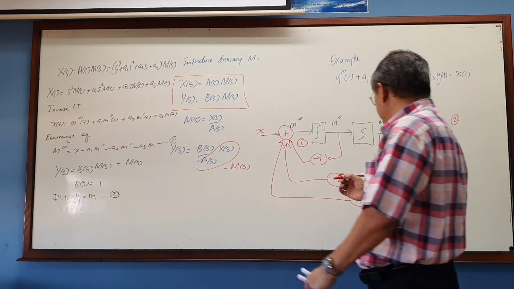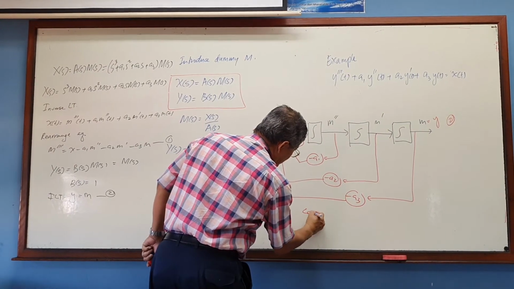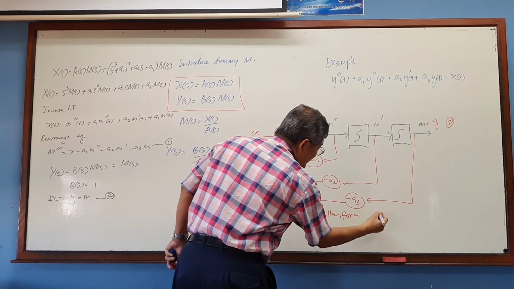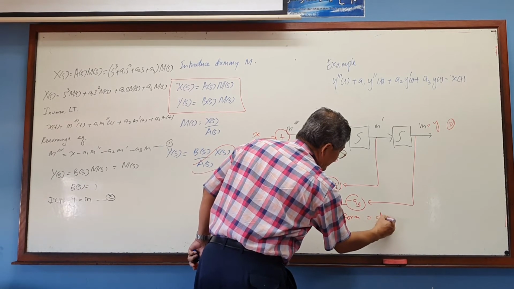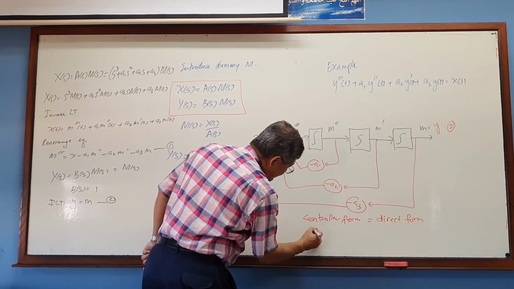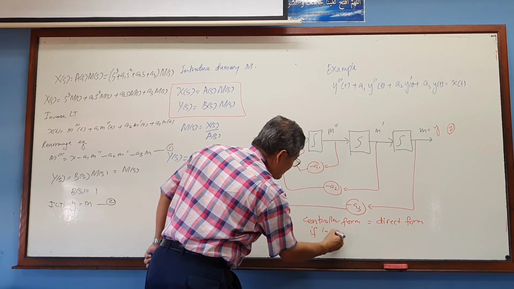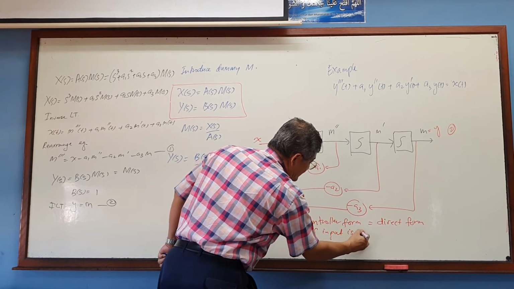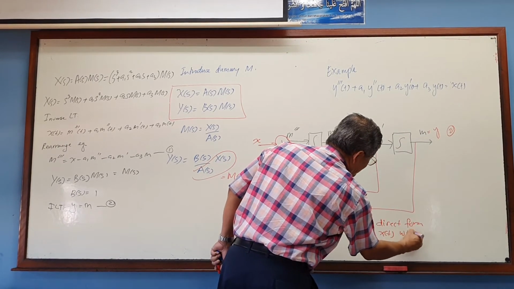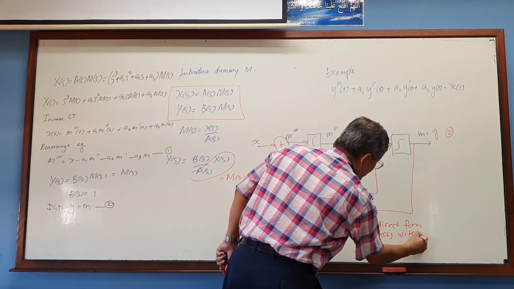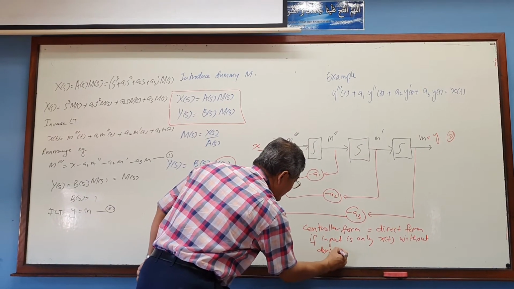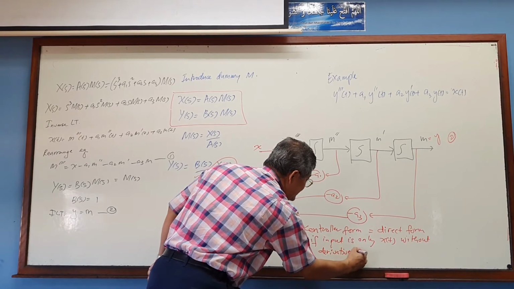So you observe that this one is the controller form, which is also equal to the direct form if the input is only x of t without derivative terms.